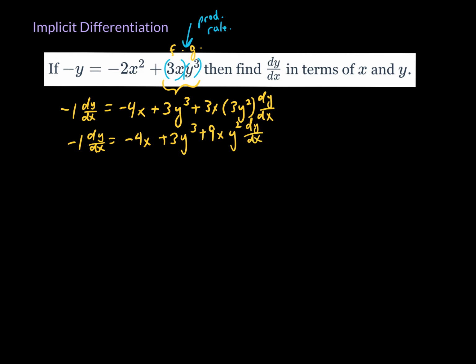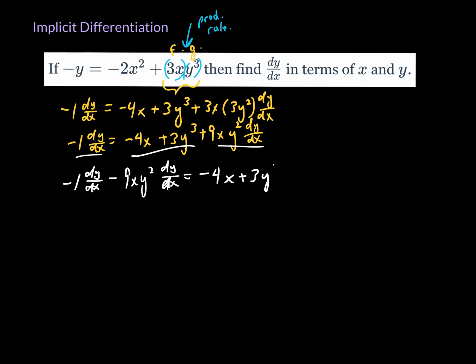Well, after that, everything else is pretty much the same. Our goal is to get the two dy/dx terms on the same side. So that would be, I have a -1 dy/dx and a -9xy squared dy/dx. And we're going to leave these two terms right where they are because they do not have dy/dx's. And what is that going to do for us?